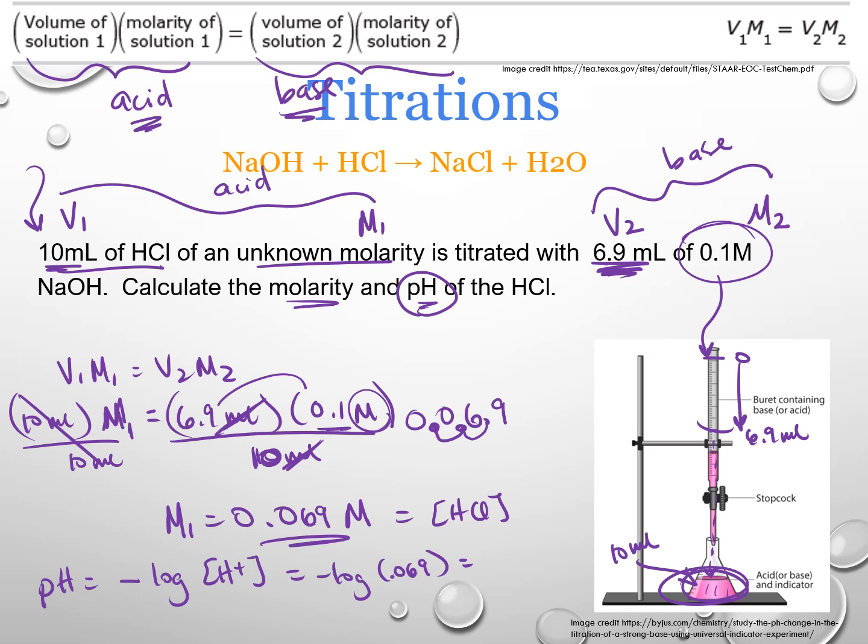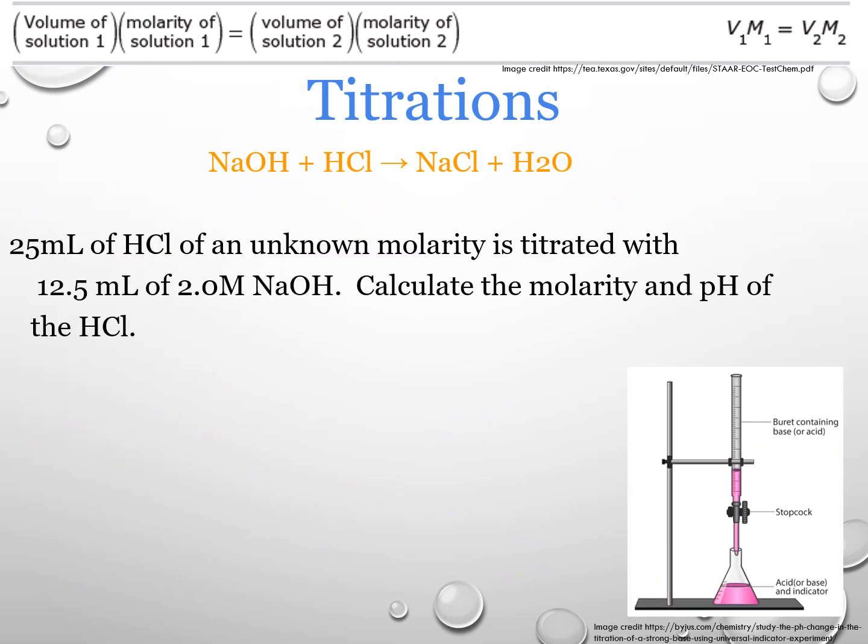So negative log of 0.069 gives us a grand total of 1.16. So this is the pH of that unknown hydrochloric acid, and this is the molarity of that unknown hydrochloric acid. Easy peasy. Good? Good. I'm going to have you do this one in the Ed puzzle all by yourself. Come back and check your answers when you're ready.